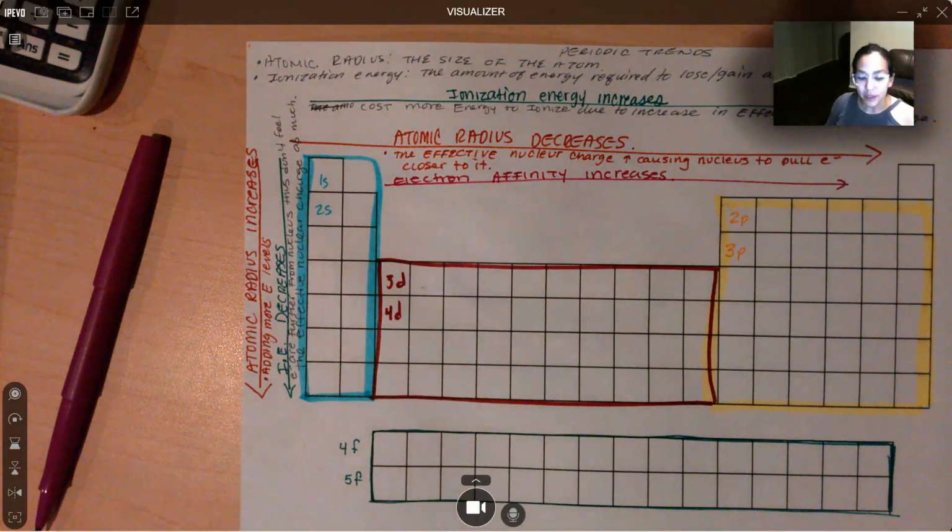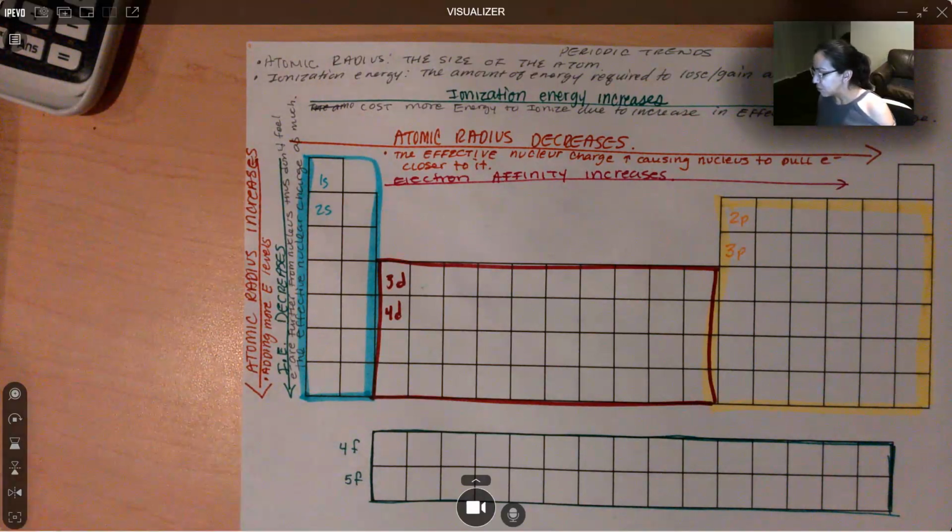Now, electron affinity, let me make sure I get this correct really quick. Okay, so the electron affinity is going to be the amount of energy required to actually release an electron from its gaseous state. I'm going to reread that one more time to make sure I get it correct. Yes.